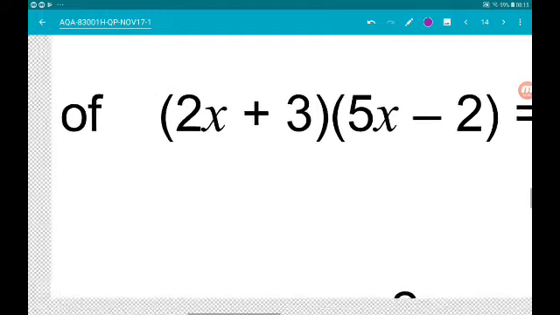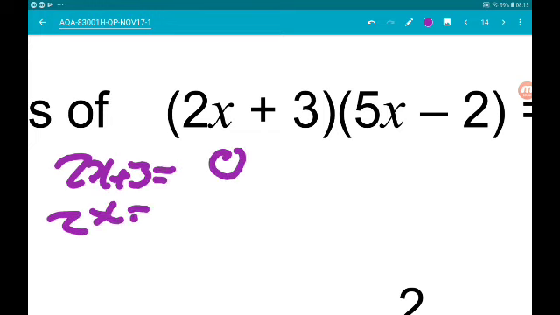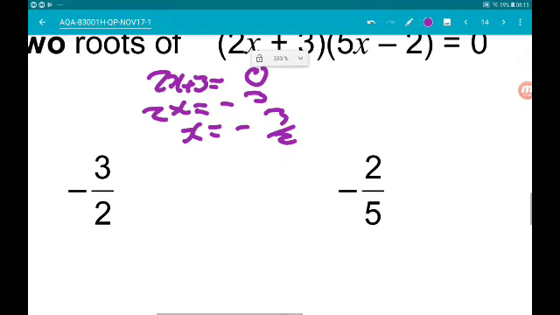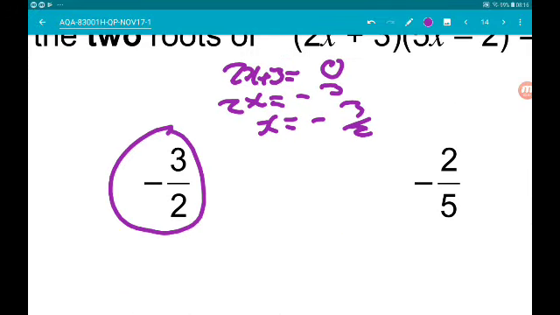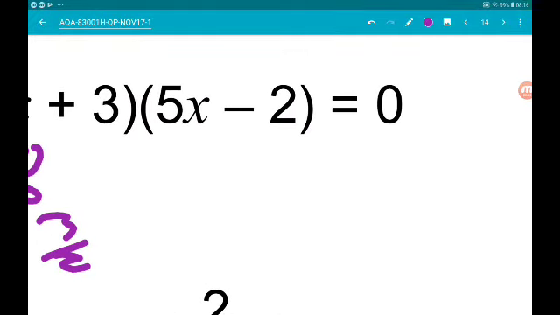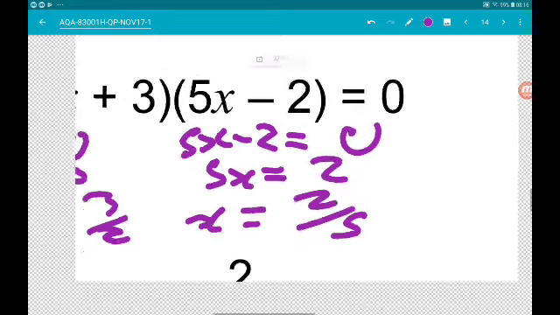So if 2x add 3 is equal to 0, 2x is equal to minus 3, so x is minus 3 over 2, so that's 1. And if 5x minus 2 is equal to 0, 5x is 2, x is 2 over 5.